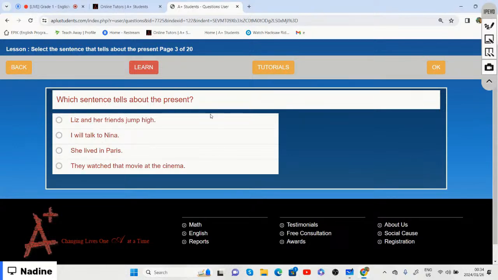Which sentence tells us about the present?